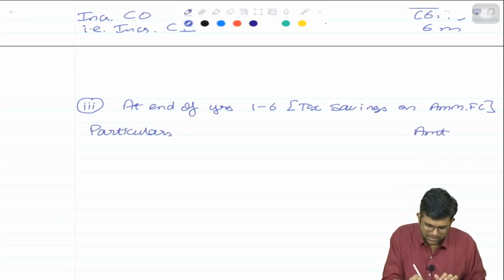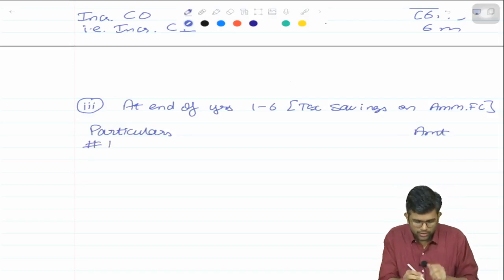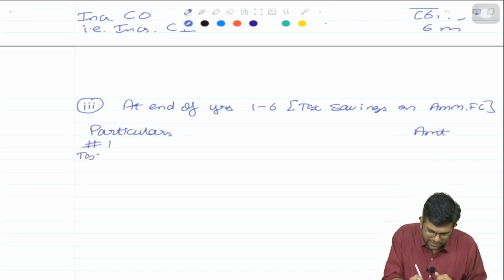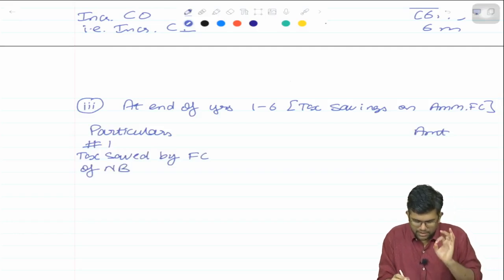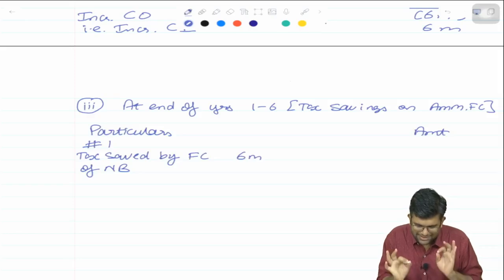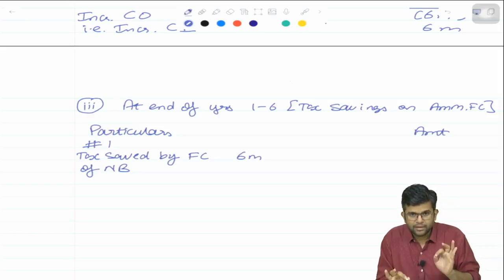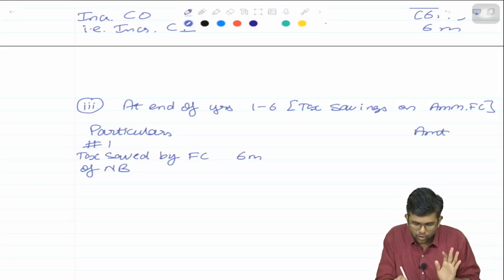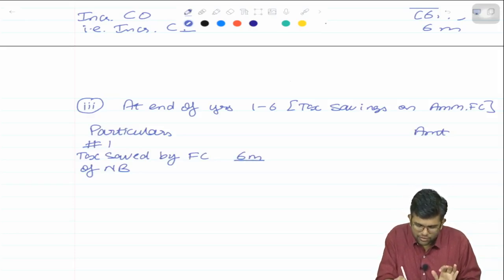In particulars, I'll write, if I go for a new bond, then there will be tax saved by flotation cost of the new bond. Students, the flotation cost I am incurring for the new bond is 6 million. This 6 million I am going to amortize. Please don't lose focus.